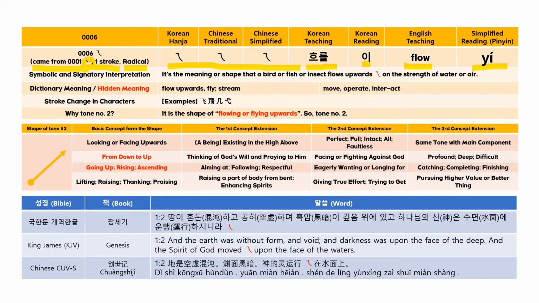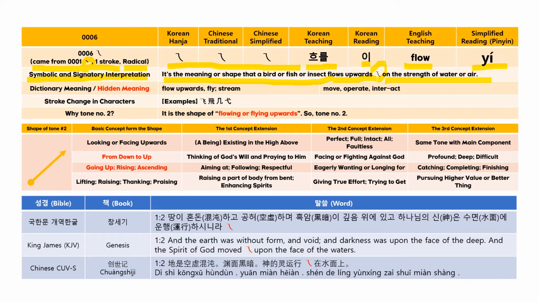And the symbolic analysis of this character. It's the meaning or shape that a bird or fish or insect flows upwards on the strength of water or air. Yeah. So the flow came from this narration.